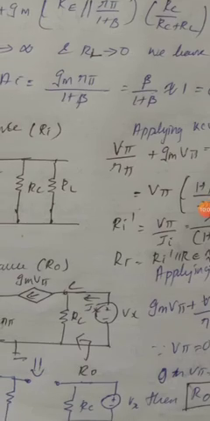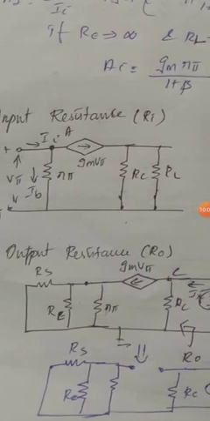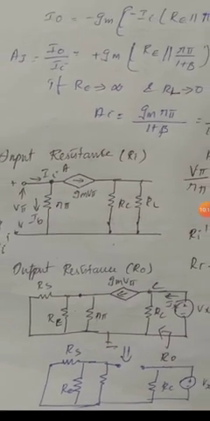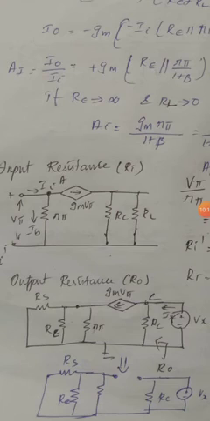Next, we have to find the output resistance. Considering the output resistance, the input source is short circuited, so RS comes in parallel with RE, and R pi is also parallel to that. When we are taking the output resistance, our current source will be open circuited.